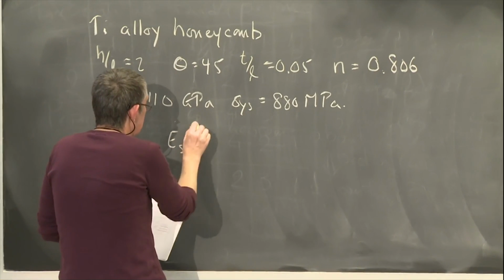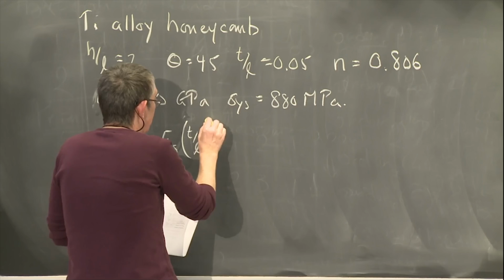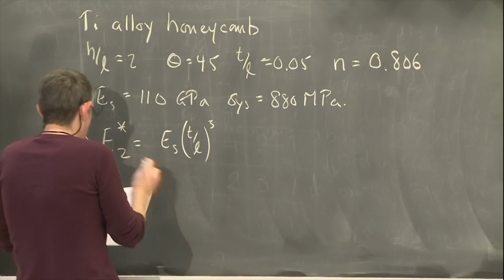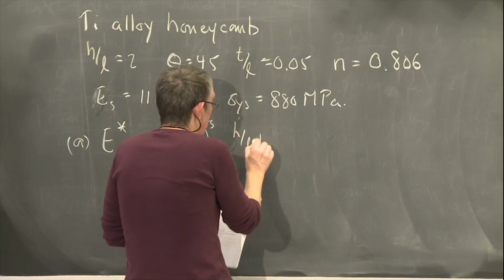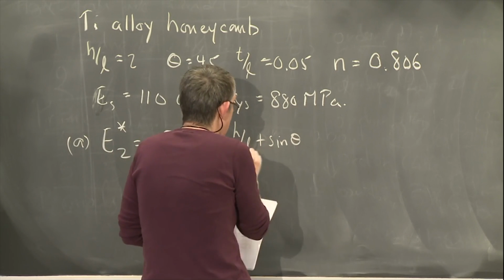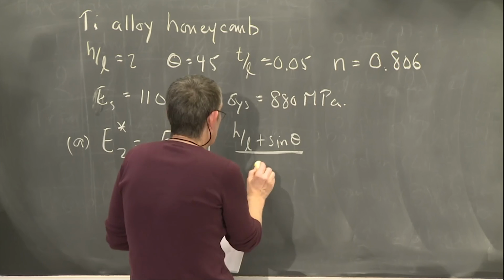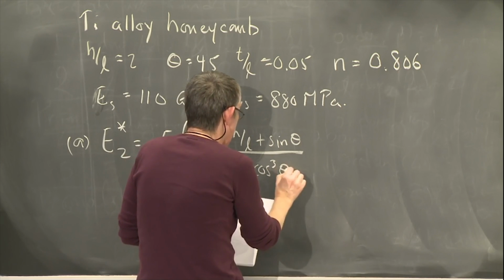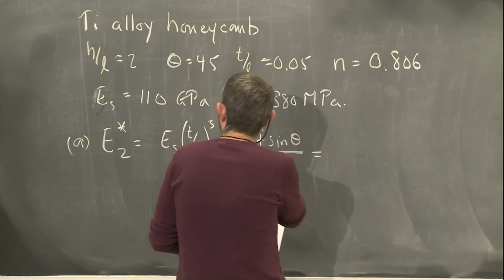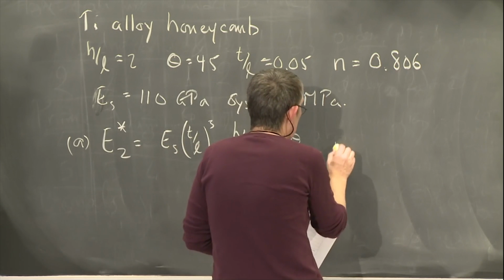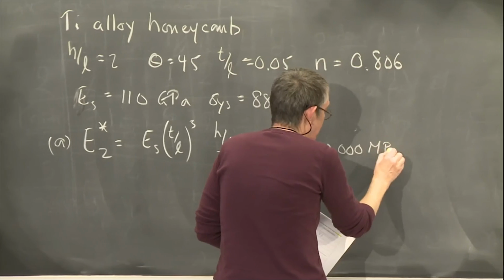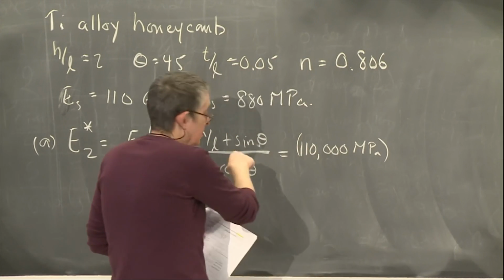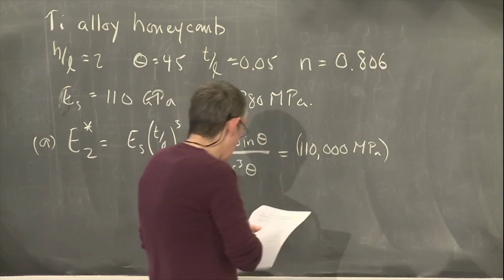Okay, so this is just like substituting, and there's nothing complicated about this. So it's equal to E_s times (T over L) cubed times (H over L plus sine theta) divided by cos cubed theta. So then you just plug everything in. So this is 110 gigapascals, and I'm going to put 110,000 megapascals because it's probably going to be less than a gigapascal.